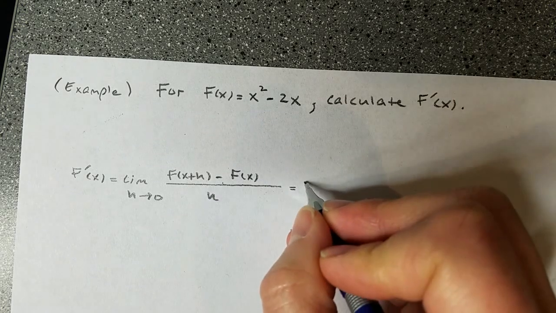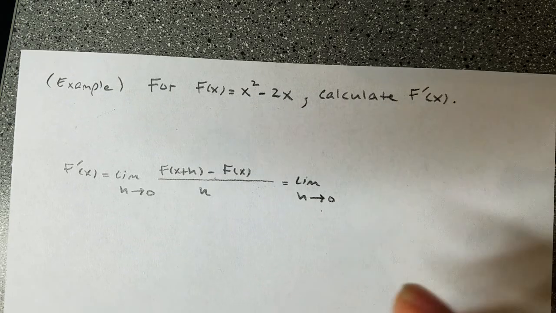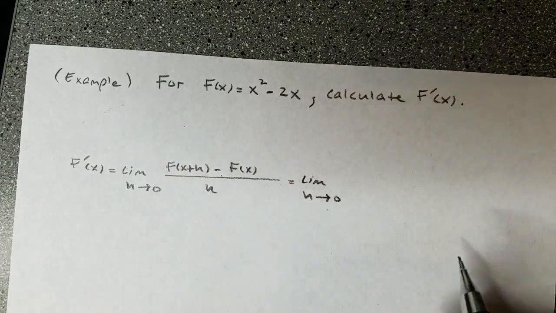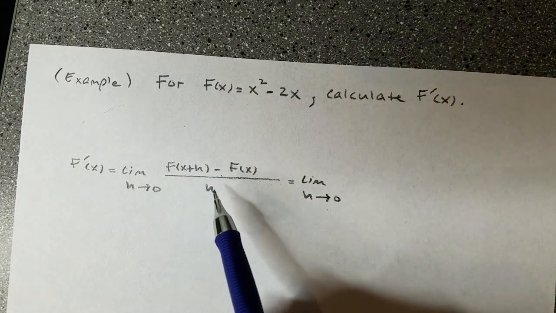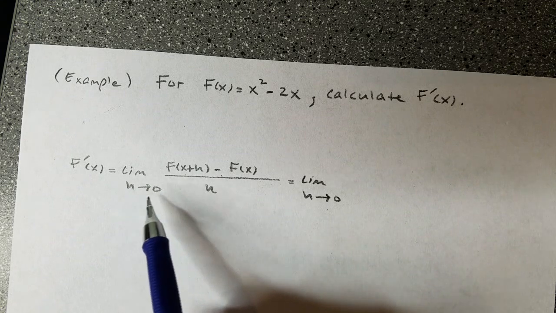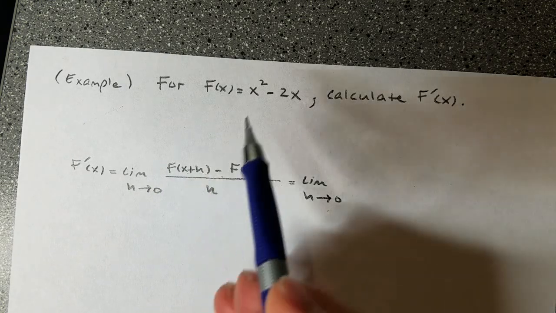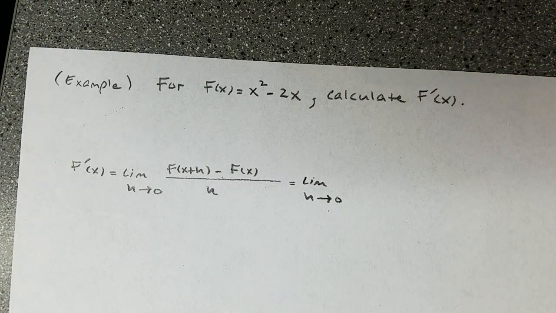All right. Now I need to figure out what is all that stuff for this function. F of x is just the function, and h is just this variable that we're controlling by the limit. What's f of x plus h? Well, that's like what would you get if you put x plus h in for x?